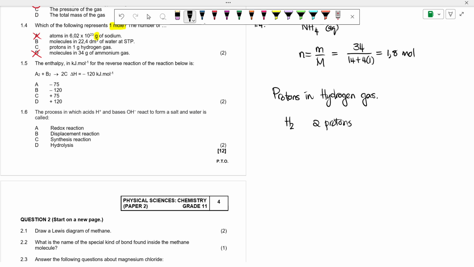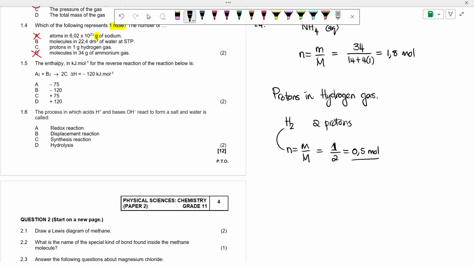And the number of moles is mass over molar mass. The mass is 1 gram, divided by the molar mass of hydrogen gas, which is 2, because it's 2 times 1. So we get 0.5 moles. This is the moles of hydrogen gas.